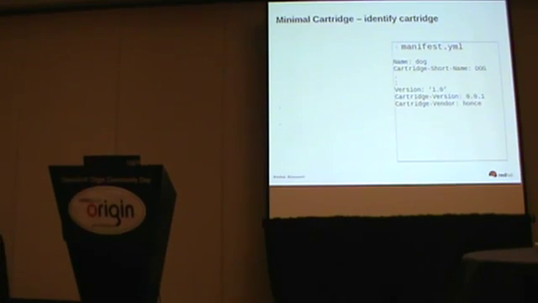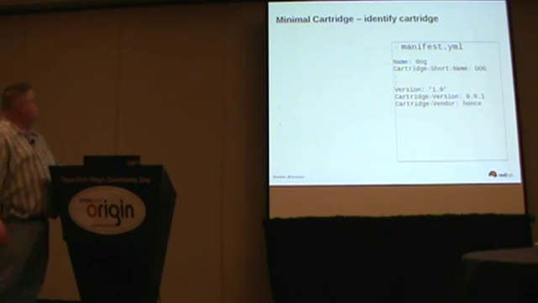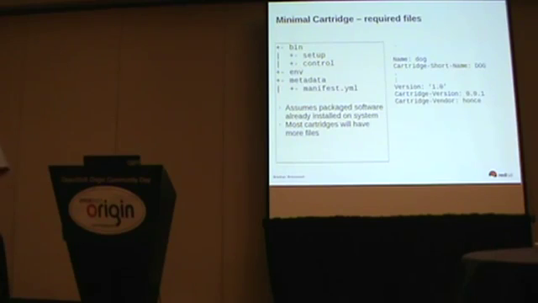So we're packaging dog, it's the first version. We turn around and do cartridge version because you're packaging a software. So dog version 1 is what we're packaging in cartridge version 001. So we take care of that so that we can do auto upgrades and all that good stuff. And we have a cartridge vendor, and I'm writing this so it's me. So that is configuration.